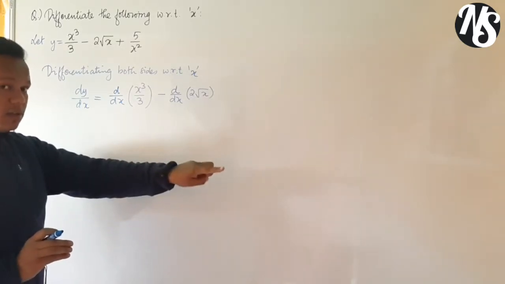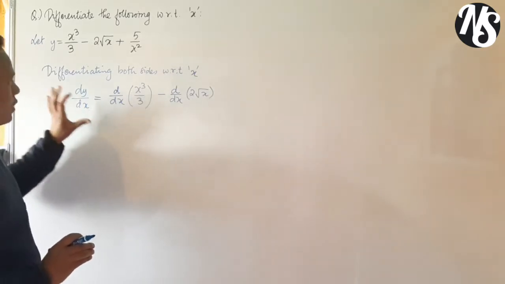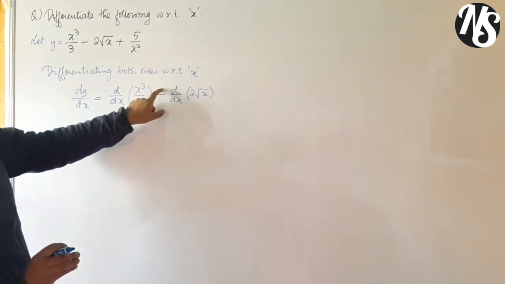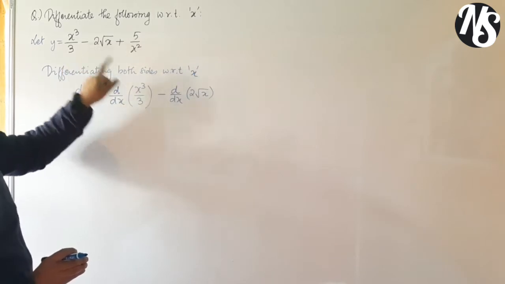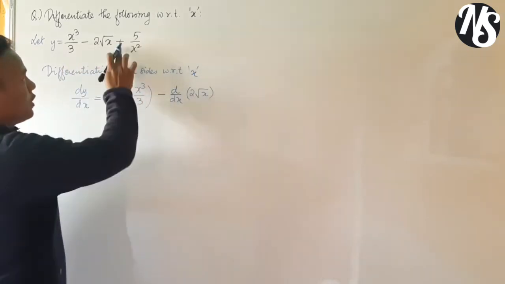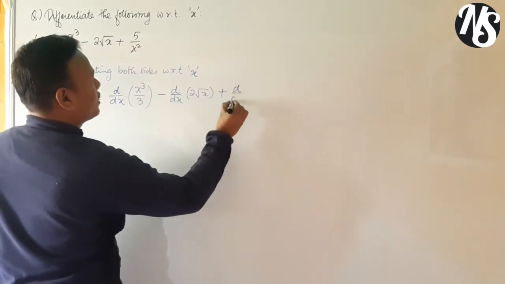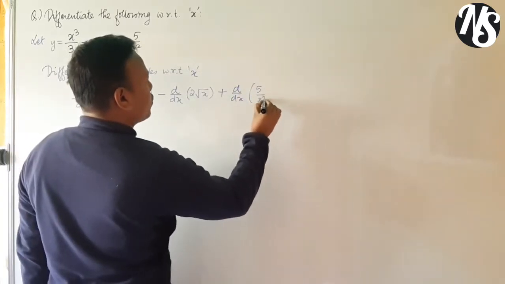In the first fundamental rule, it was this rule only. If there is a plus sign here, then you have to write plus; if there is a minus sign here, you have to write minus. That rule is mentioned in the fundamental rule. Now here you see that there is plus, so that's why you have to write plus here, and you have to differentiate the last term, that is 5 by x square.